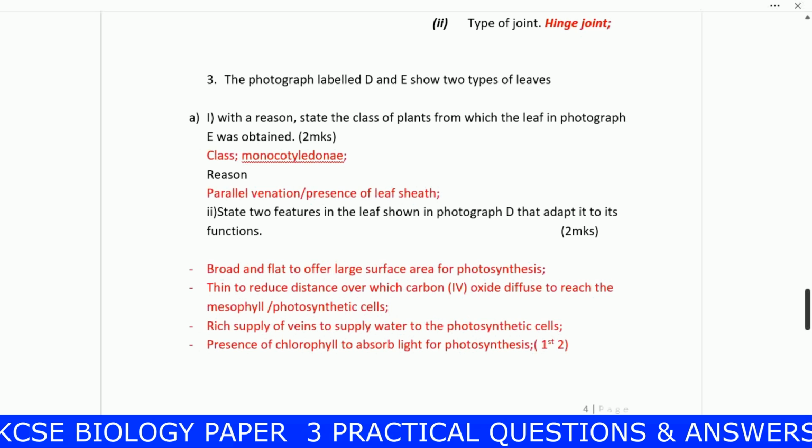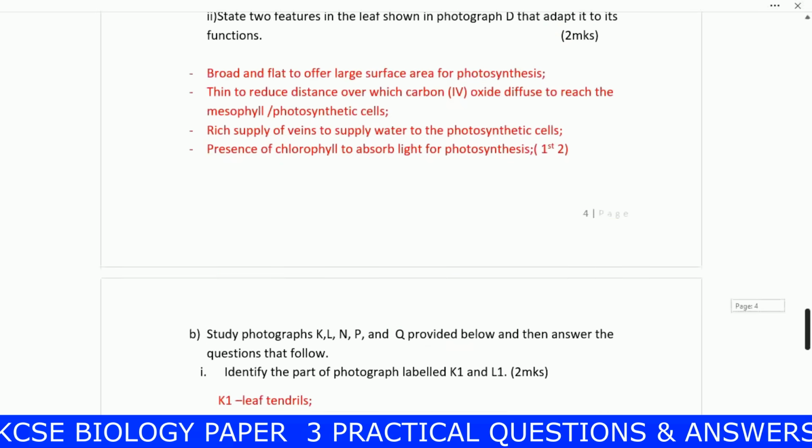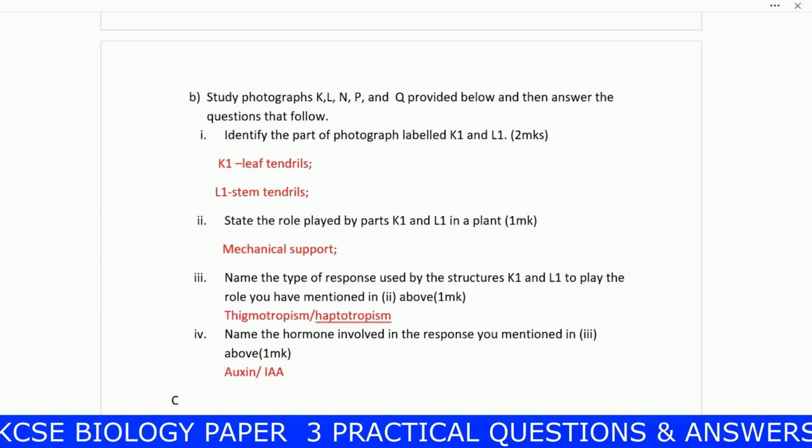Number 2, it is thin, to reduce the distance over which carbon dioxide diffuses to reach the mesophyll or photosynthetic cells. Next, a rich supply of veins to supply water to the photosynthetic cells. Next, presence of chlorophyll to absorb light for photosynthesis.